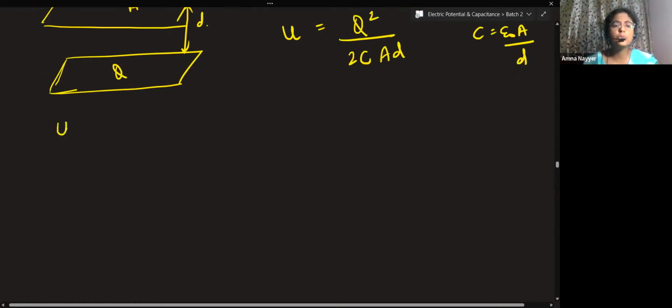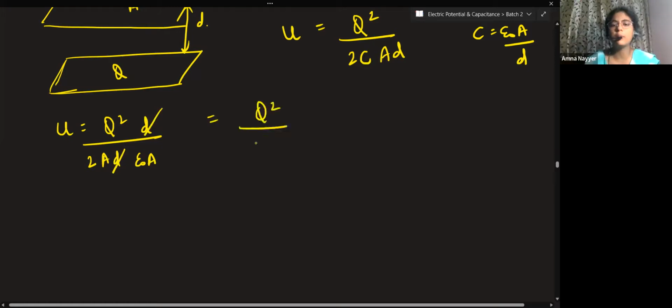So the energy density u will be Q square by 2 A d, and instead of C, I'll write epsilon naught A by d. So this separation d will get cancelled and I'll be left with Q square by 2 epsilon naught A square. If you are able to recall, Q by A is what?